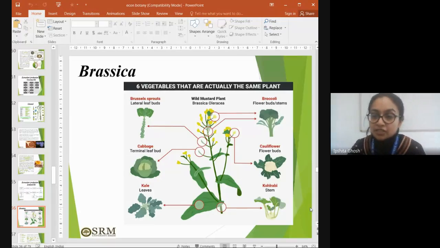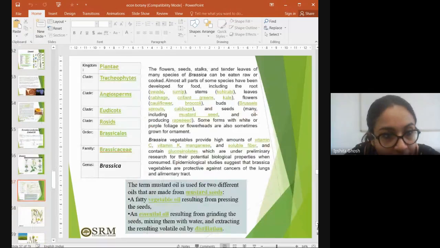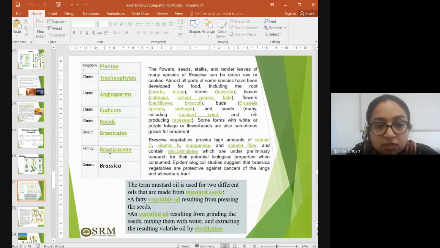So remember it this way: mustard family means it's the Brassica family, and Brassica is the genus. Look at the systematic position. It comes under the family Brassicaceae. Of course, they belong to kingdom Plantae.